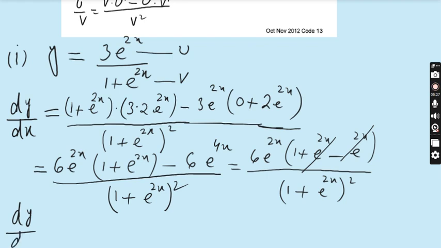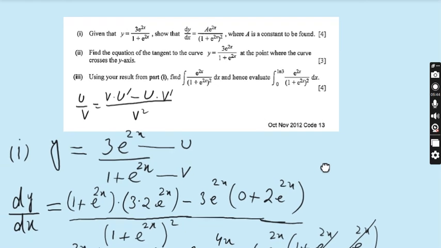So dy by dx is equals to 6e^2x upon (1 plus e^2x) whole square. What was the requirement? Read again.